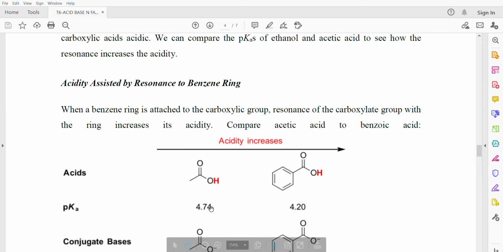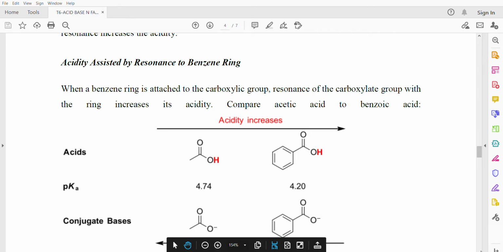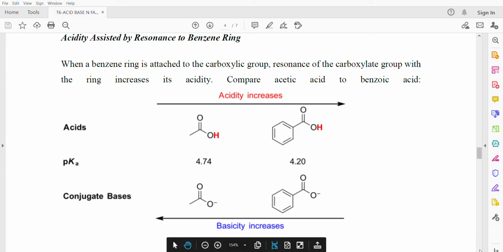Acetic acid has pKa 4.74, and for the aromatic one, due to aromaticity, the negative charge after removal of the proton, in the conjugate base benzoate versus conjugate base acetate, the methyl has an electron donating effect, but the benzene aromatic ring has an electron withdrawing effect. By this electron withdrawing, the negative charge will be delocalized not only between these two oxygens but in the aromatic ring as well. So you are observing a pKa of 4.2.